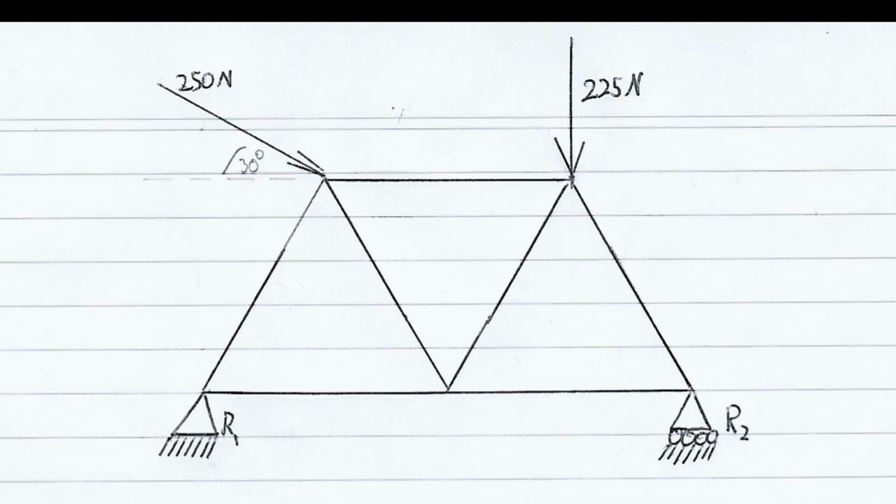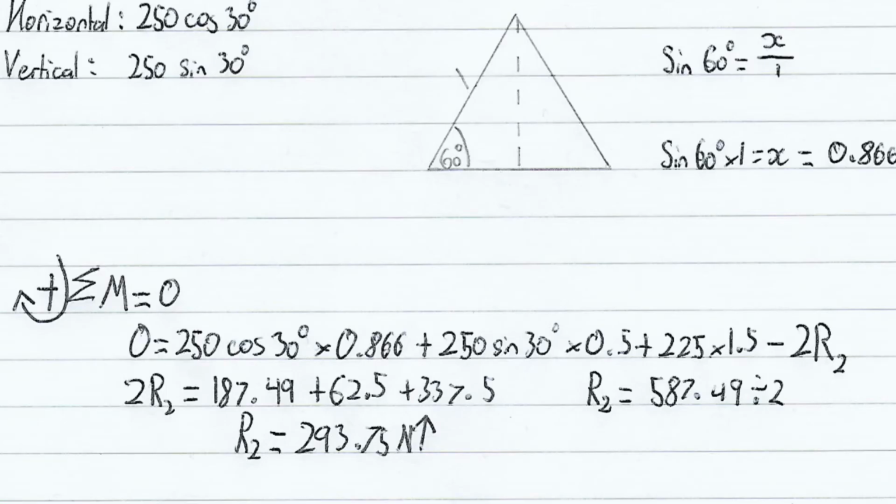Remember, moments are just an example of torque, which is force times distance. By this we can see that the sum of moments is equal to 250 cos 30 multiplied by 0.866, plus 250 sin 30 multiplied by a half, plus 225 multiplied by 1.5, minus 2 times the reaction at support number 2.